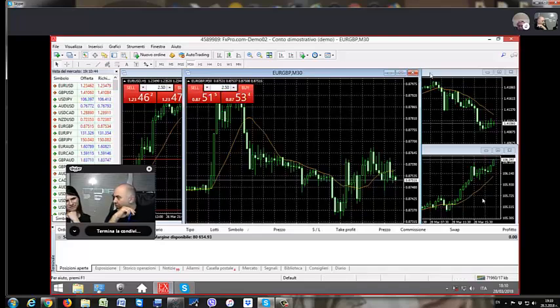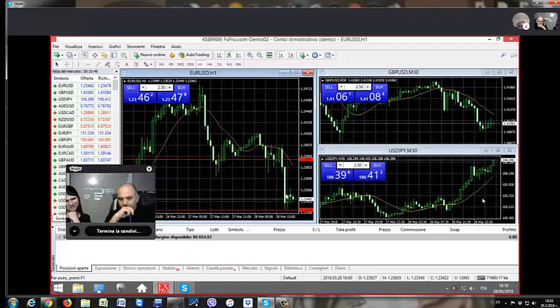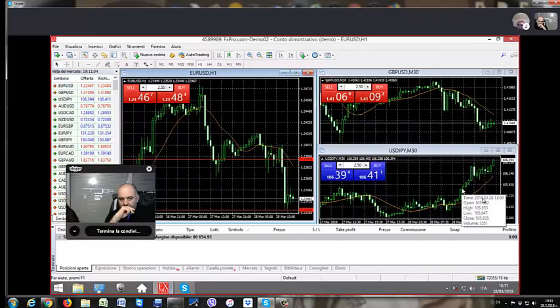In other words, we have a resistance on top of euro dollar due to euro sterling. Meanwhile, euro dollar is supported by the people or clients in this case that are still buying euro yen using arbitrage.